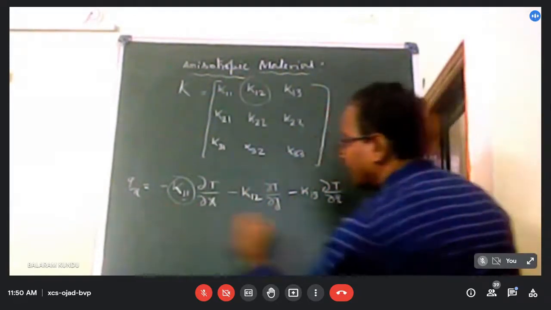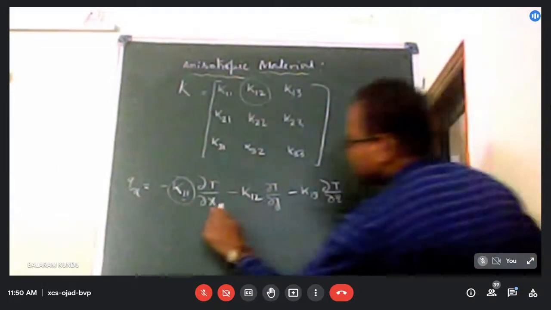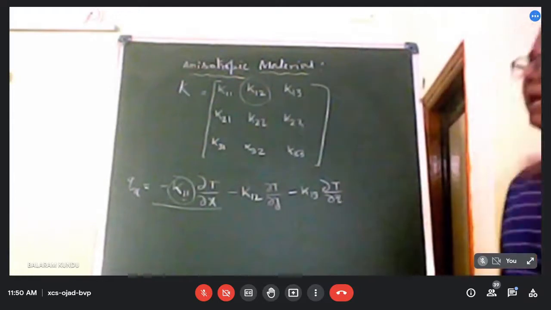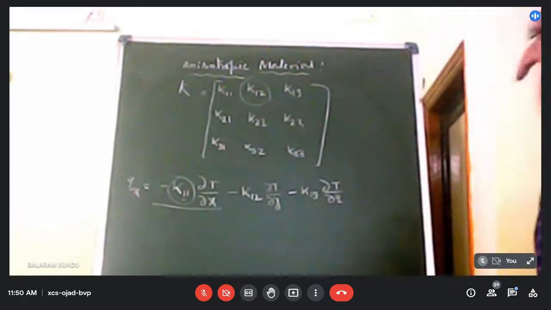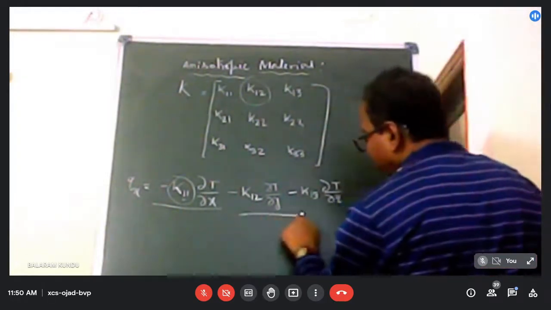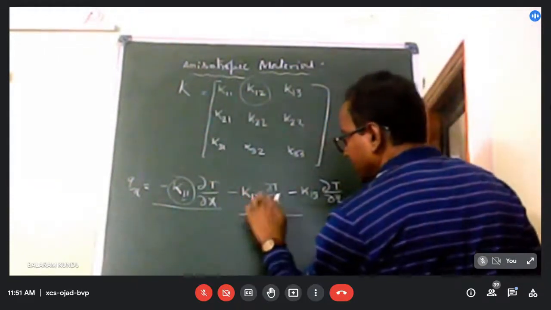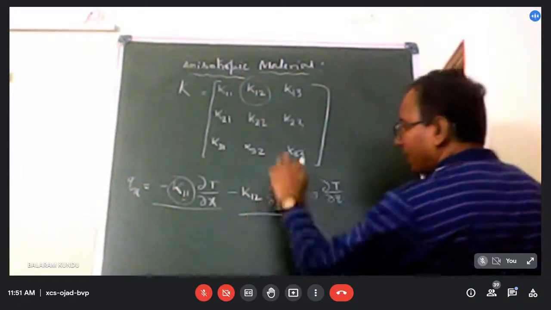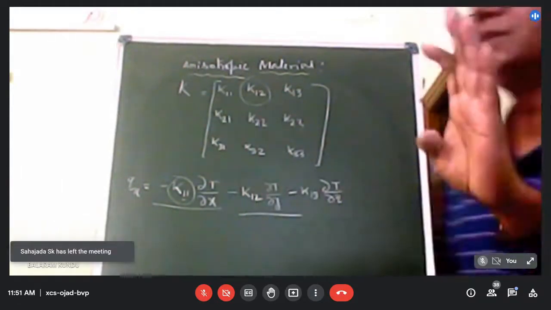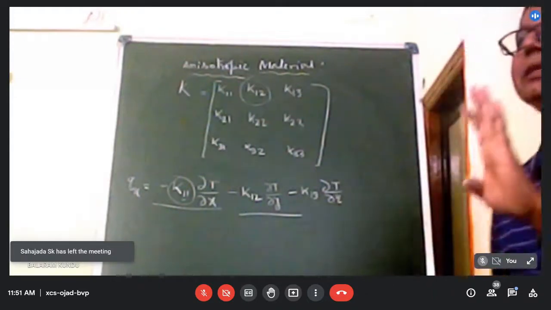So physically what we can say here? This first term, there is no problem. K11 into the temperature gradient del T del x exists in the solid, and for the temperature gradient del T del x, we know that heat transfer takes place in the x direction. The second component of heat flux is K12, and this K12 into the temperature gradient in the y direction, if we multiply, then we can get the heat flux component in the x direction.